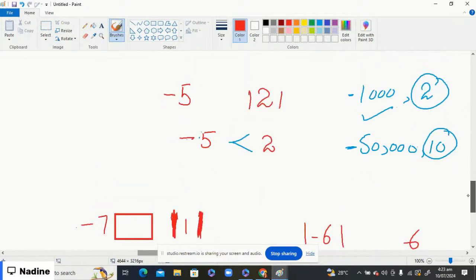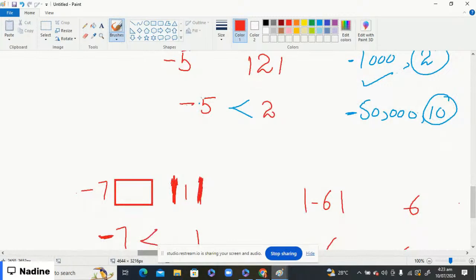Let me explain those things again. First of all, check it out. They are saying negative 5 with the absolute value of 2. 2 is less, as we know, but when we see the signs, here is a negative sign and here is a plus sign.